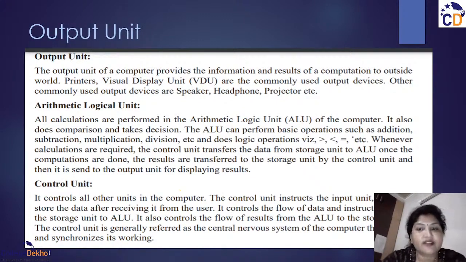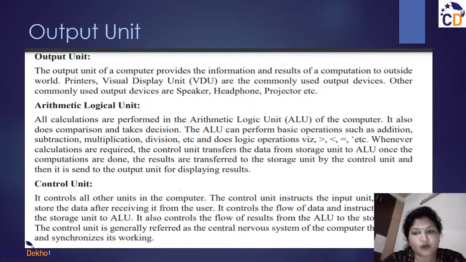The control unit instructs the input device where to store the data after receiving it from the user. It controls the flow of data and instructions from the storage unit to the ALU, right? So basically, from input to output, it is the control unit which is controlling the flow of data, or the flow of control also.